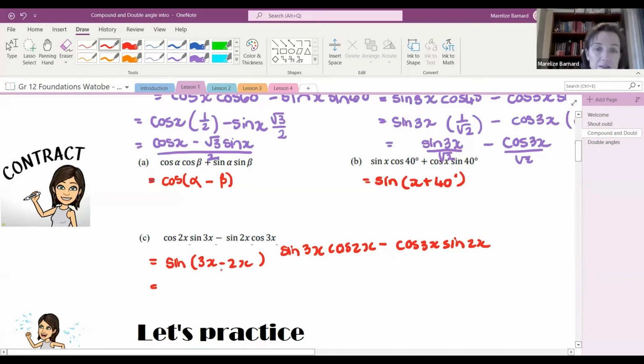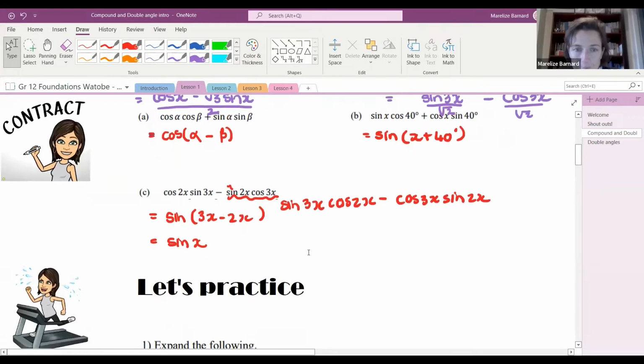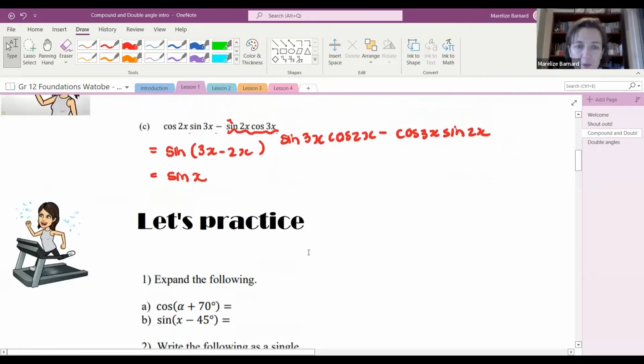So this we can still simplify, because 3x minus 2x can go down to just x. Okay, so if you want to write a note there for yourself, look carefully, because here the terms were swapped around.